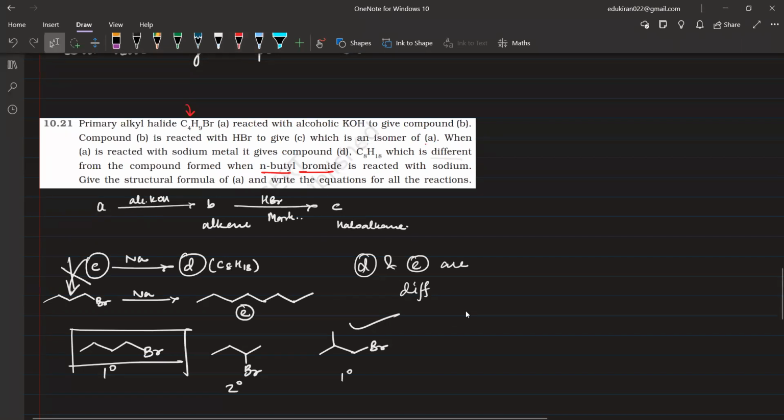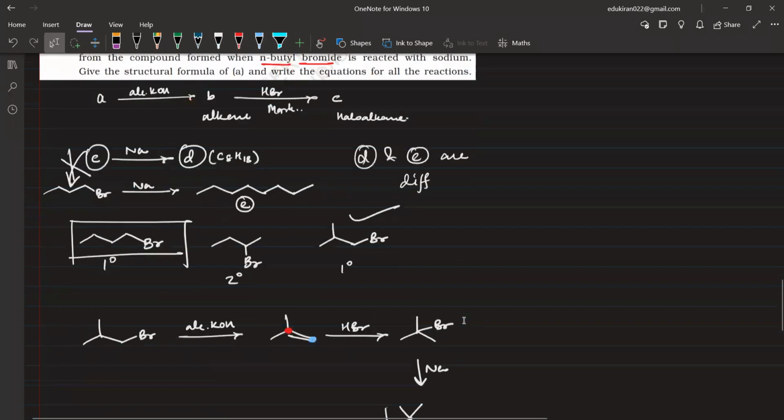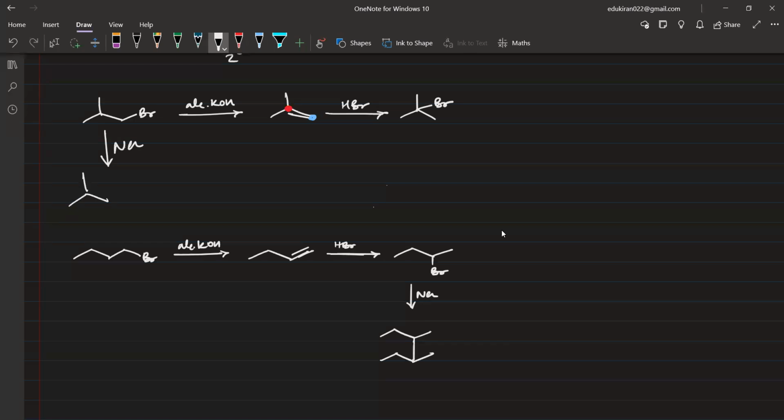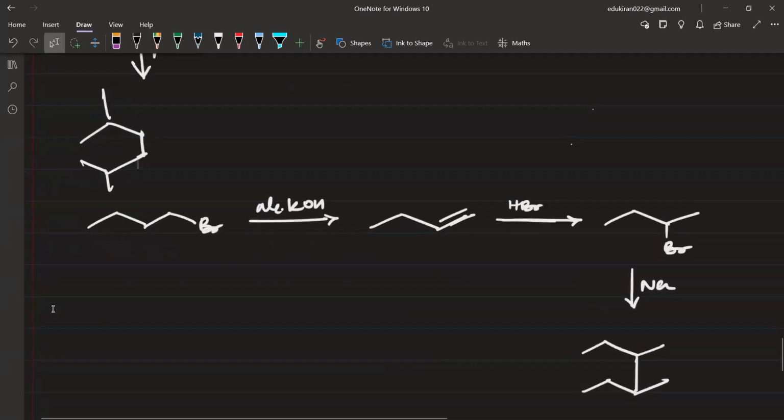Oh, okay. When A is reacted with... it is written. But then how will we do the other normal straight chain one?